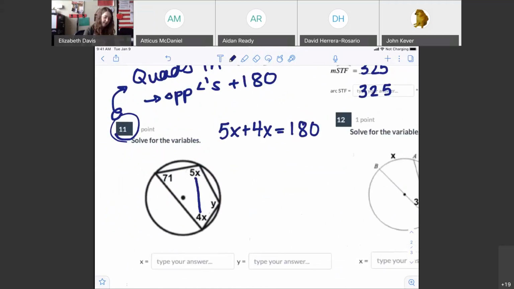Yeah, good, 9x equals 180. When we divide by 9 on both sides to solve for x, what is x equal to? Good, 20.